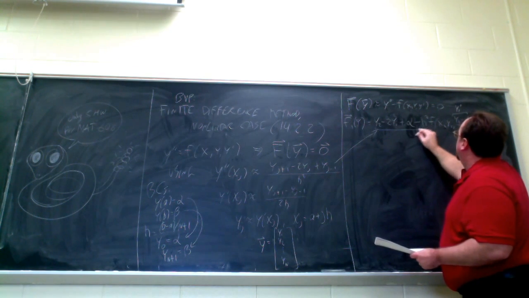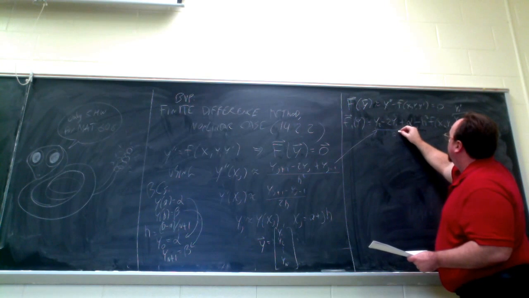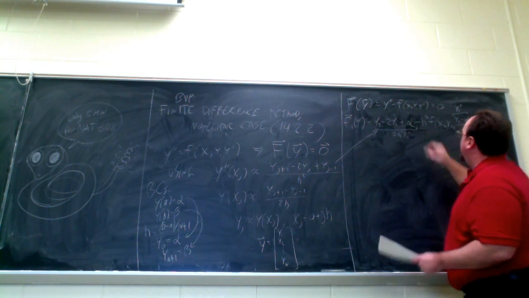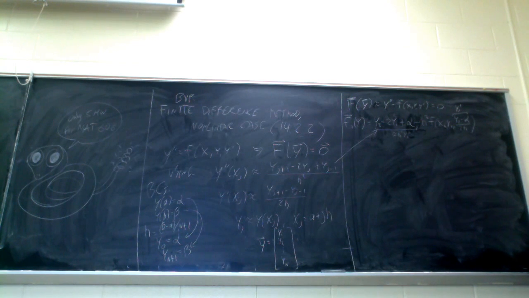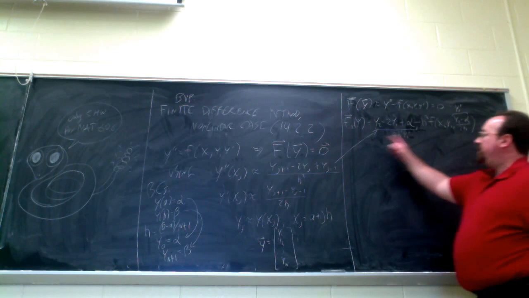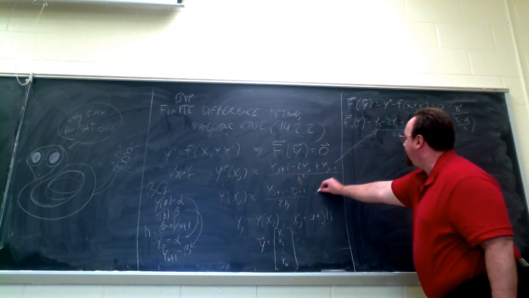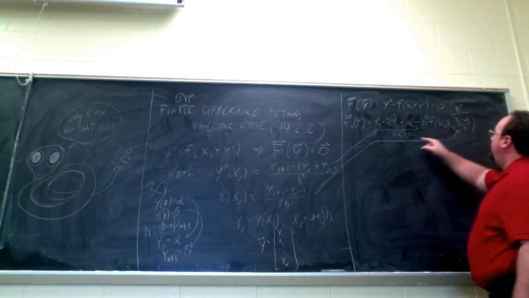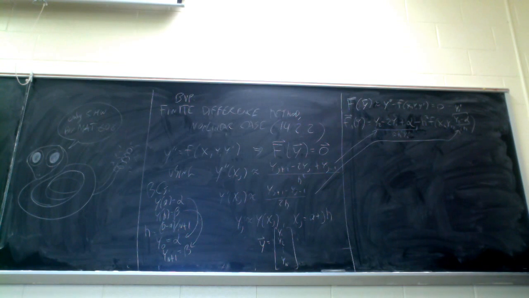This whole thing is approximation of h squared y1 double prime. So in other words, we're evaluating our boundary value problem at y1. But to represent y1 prime and y1 double prime, we use these rules right here. So this is used for that. Okay. And then we just keep going.